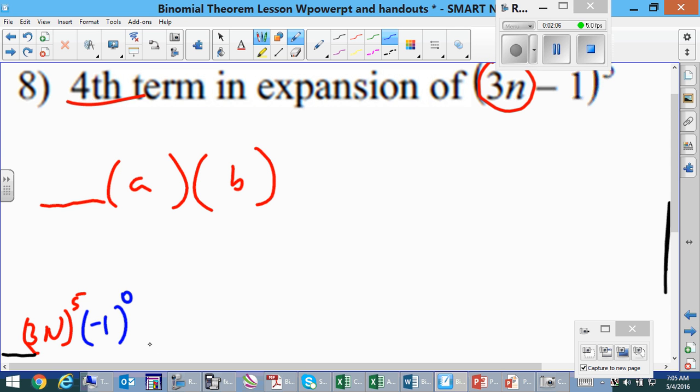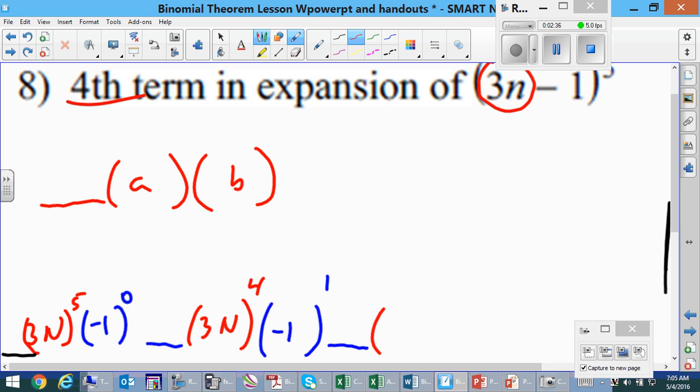We know in the next term we're going to have a coefficient. We're going to have the first term of the binomial, 3 times n, and it has to be 1 less power than the 5, which is 4. The B, on the other hand, the -1, is increasing in its exponent. The next term is going to have a coefficient.